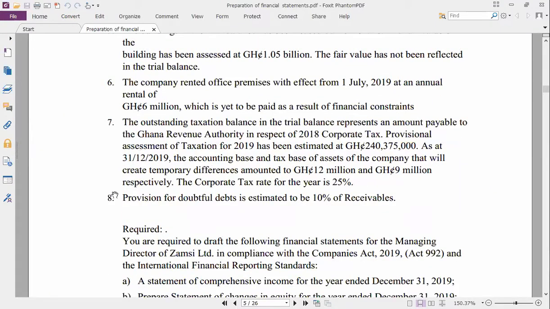Now note 8 stated that provision for doubtful debt is estimated to be 10% of receivable. So let's find 10% of the receivable. That's the closing balance. So what's the receivable figure?